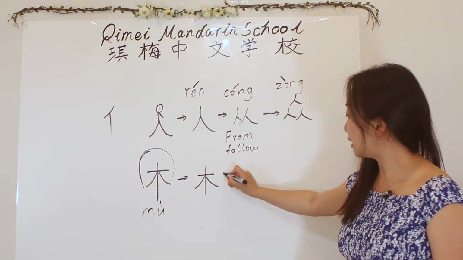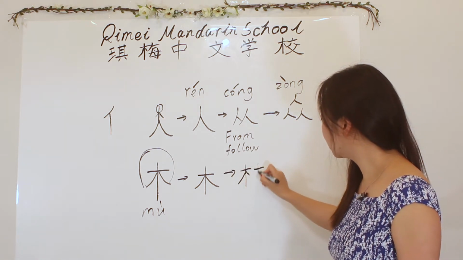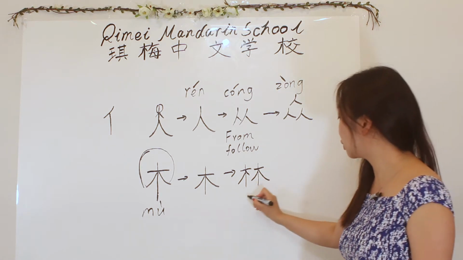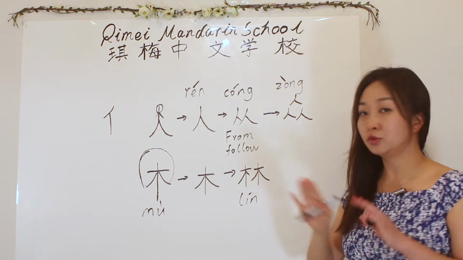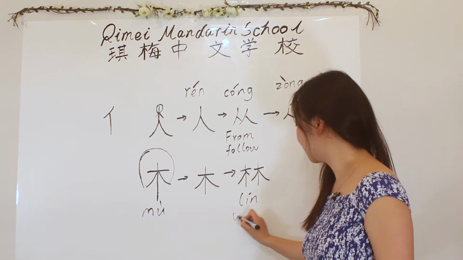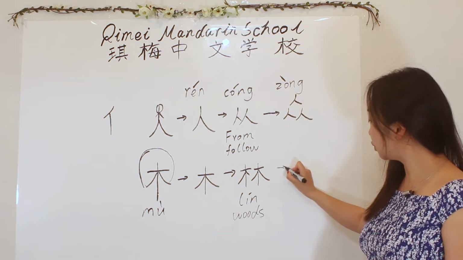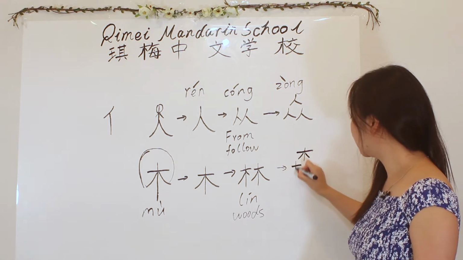And then what if we put two 木 together? So we call this one 林. So 林, two 木 together, can become what? Woods. But what if we add another 木 on the top?